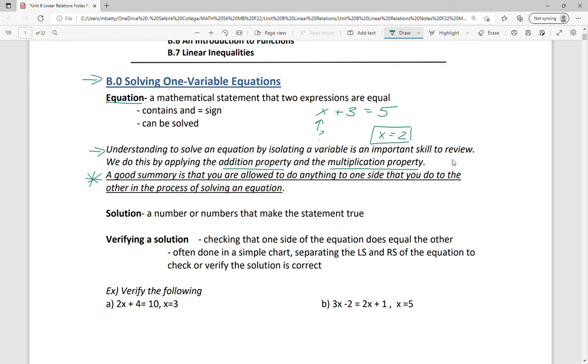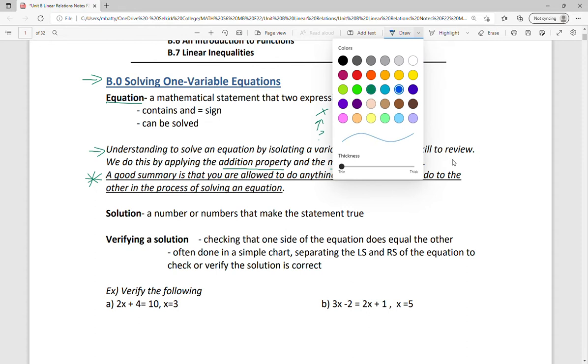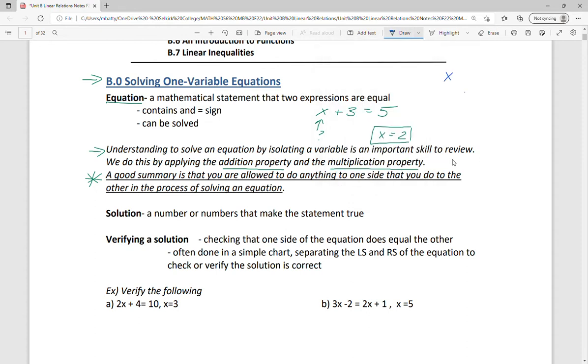If I take this example that you knew intuitively and apply that process, what I'd like to have is just x all by itself. The problem is that I have this plus 3. If I didn't want the plus 3 on this side, I could subtract 3 from both sides. That would get rid of it on this side, and I have isolated my x.